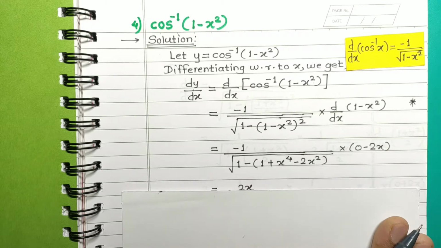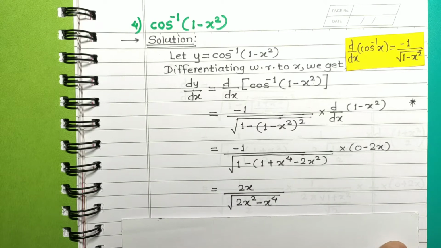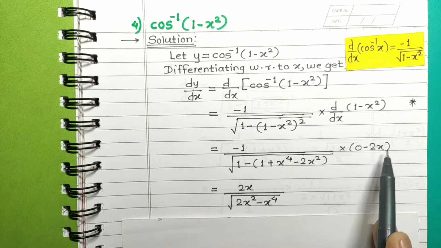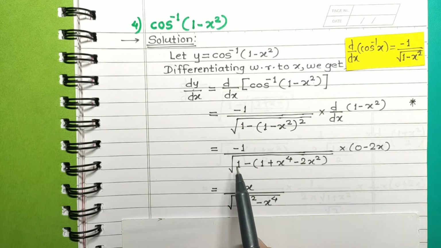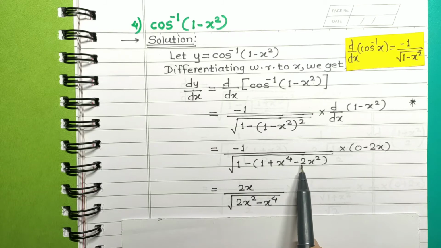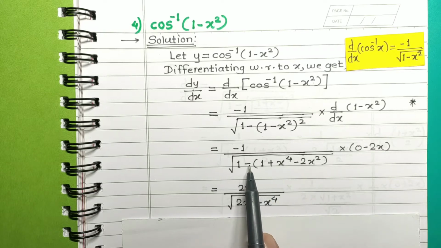And let's simplify. So we have, see, at the numerator minus 1 into minus 2x, it is 2x, and at the denominator here square root of 1 minus 1 get cancelled, and this minus minus plus term 2x square, and this is minus x raised to 4.